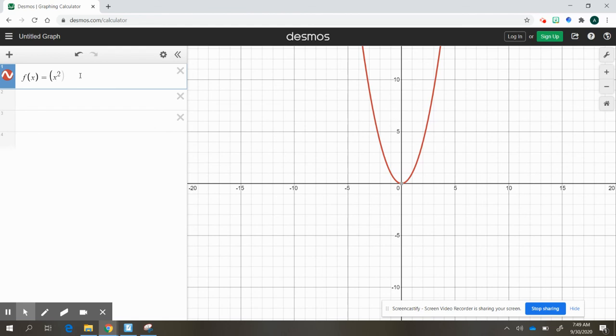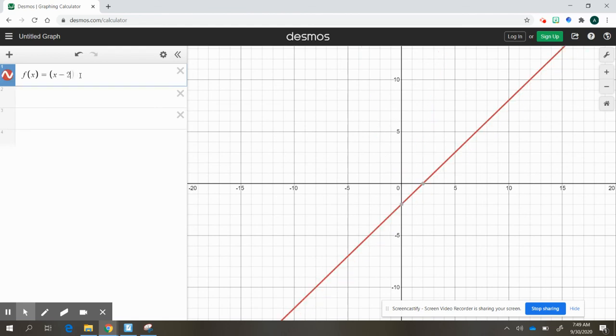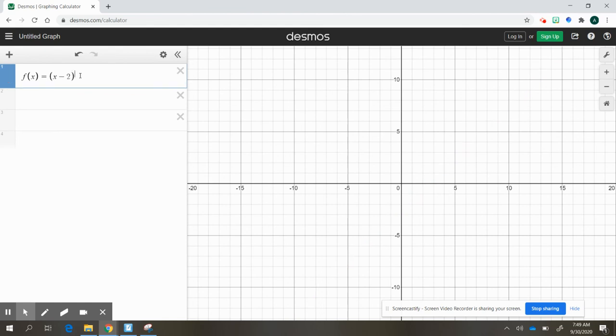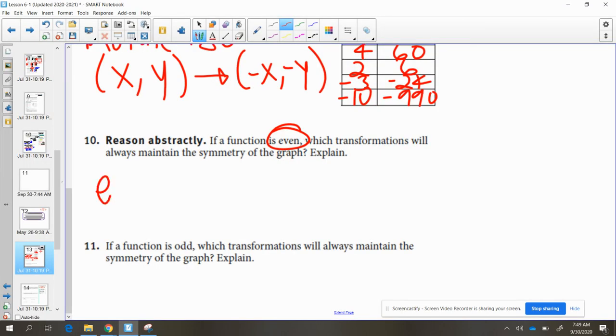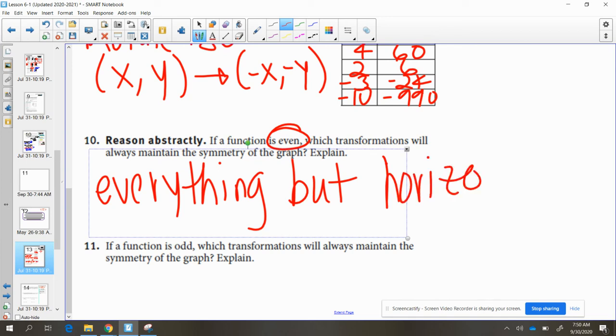Any horizontal translation, so x minus 2, we square this. This is not going to maintain symmetry because now we are not reflecting over that y-axis, right? So all the other transformations, but horizontal translations, will maintain the symmetry.